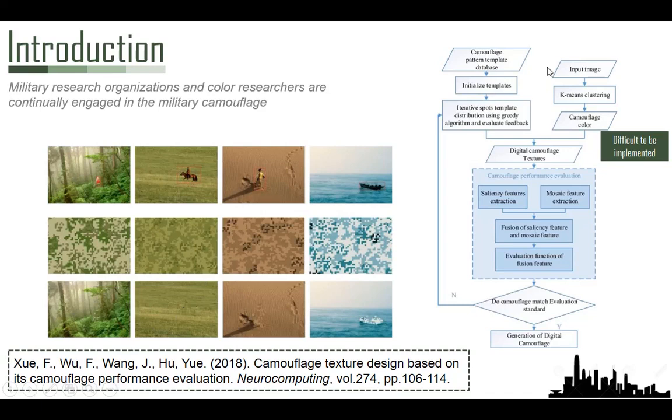However, this study is very difficult to implement in military research organizations because each military organization has its own standard, its own color, its own identity. So constructing a new military camouflage color and pattern is definitely very difficult to implement in the real world.